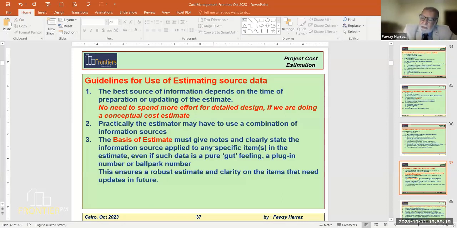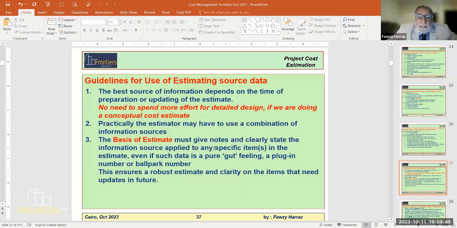So these are the big items, the big tickets that you should focus on and make a big effort to verify the accuracy of the information. The error in a small item is minor, but the error in a big item is big. So you should avoid as much as you can making errors on the big items, because that error will be big on the final estimate figure.